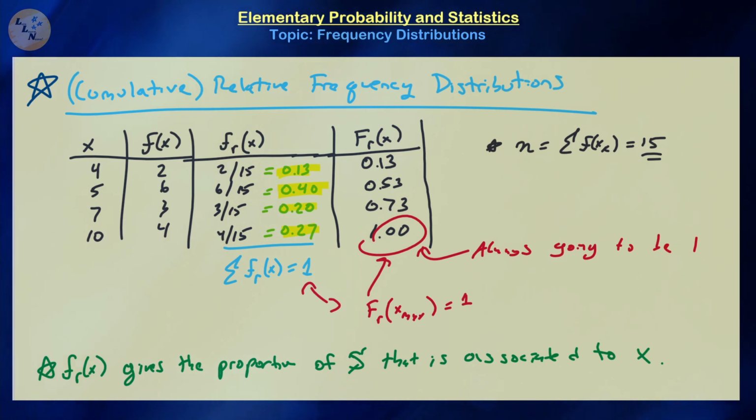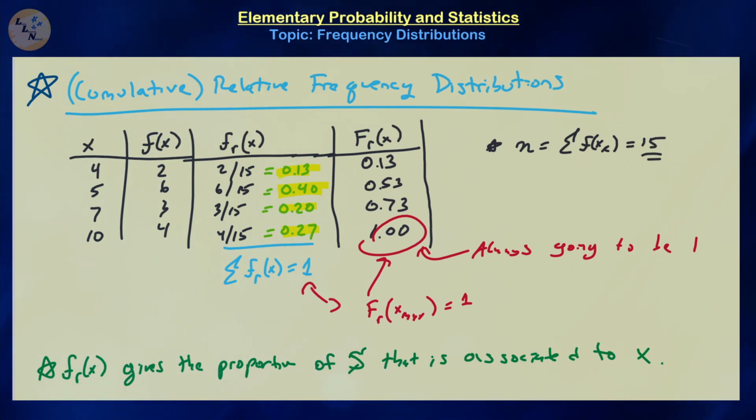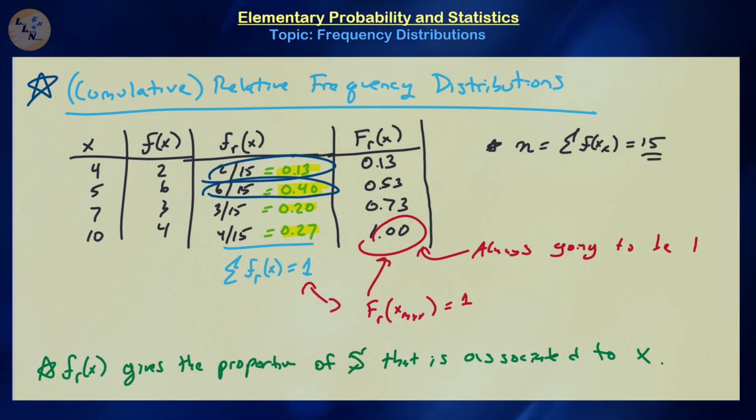So now we have 4 different distributions: the frequency, the cumulative frequency, the relative frequency, and the cumulative relative frequency distributions for a particular data set, and all of them will offer some unique information. And we discussed how to calculate the measures of central tendency, at least one of them, and measures of position. So that's also useful. Also keep in mind for the relative frequency distribution, notice that 13% of the data is going to be less than or equal to 2, and 40% of the data is going to be equal to 5.